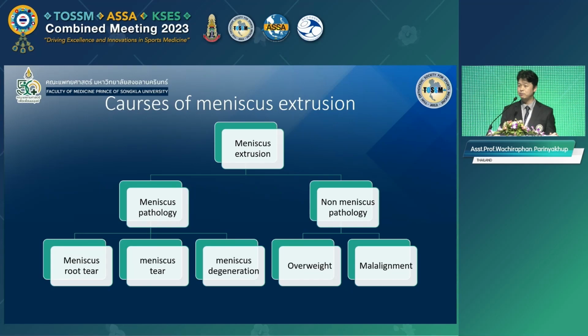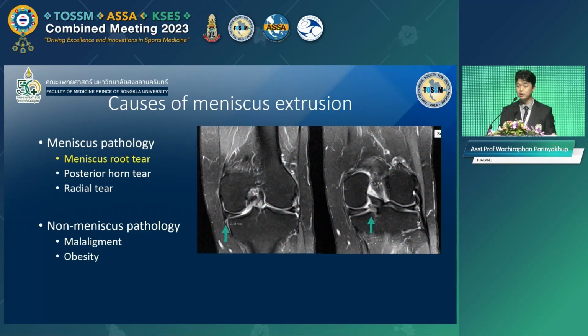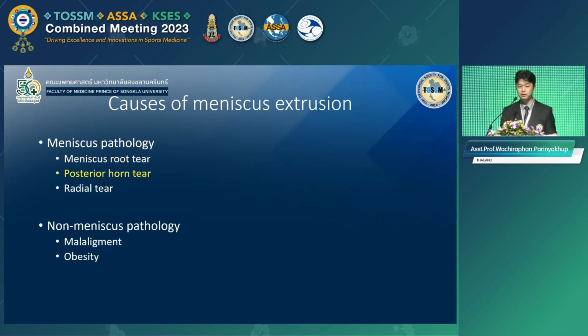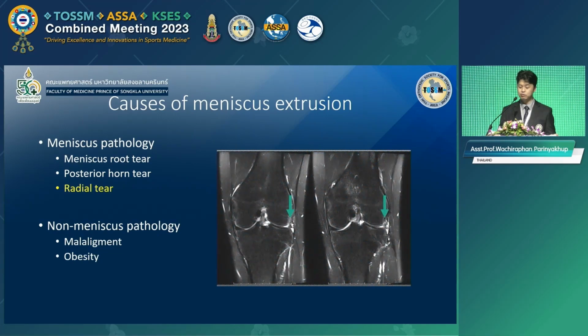It has many pathologies, which can be divided into meniscal pathology and non-meniscal pathology. The most common meniscal pathology is meniscus root tear, and you can find information in the next topic. Another type of meniscal tear can also have meniscal extrusion, especially radial tear.